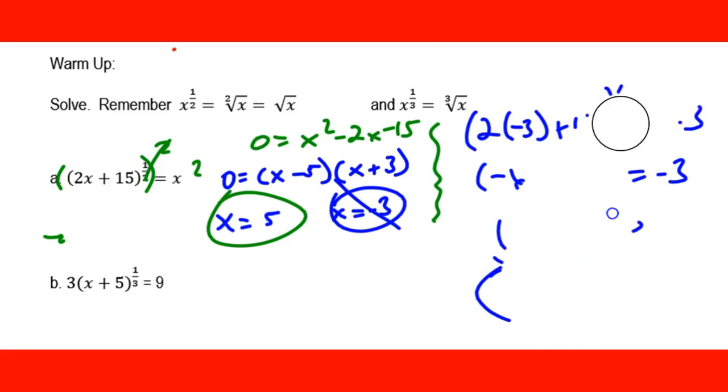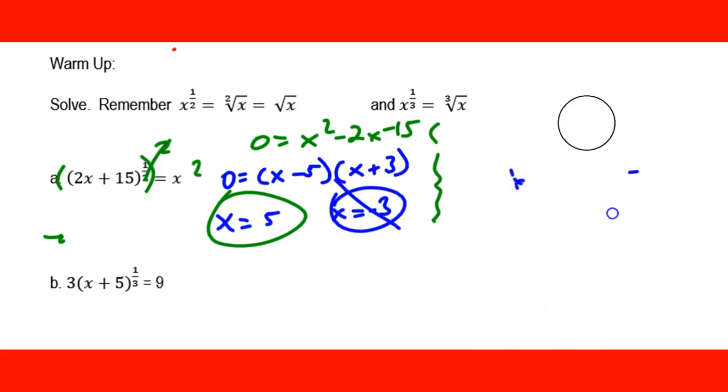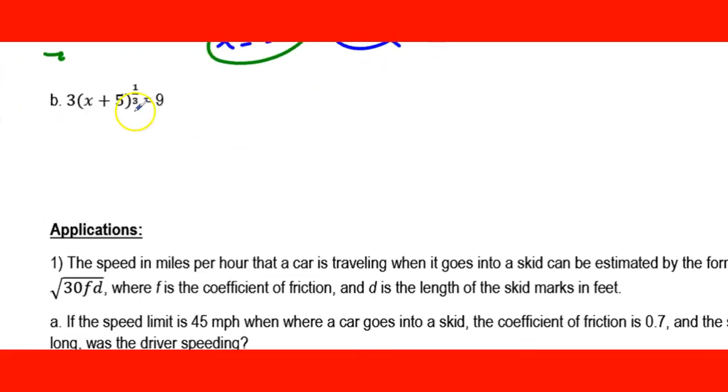Moving along, right here we're going to do the same thing. This time we're going to divide by 3 first. So we have x plus 5 raised to the 1/3 equals 3.